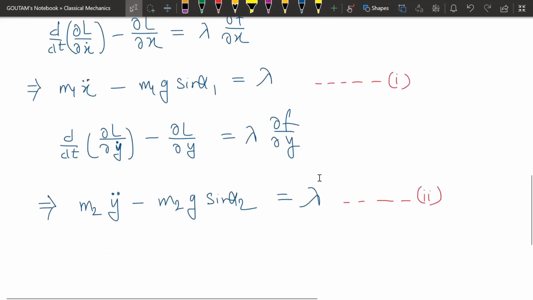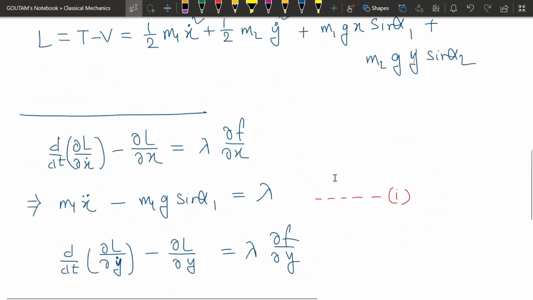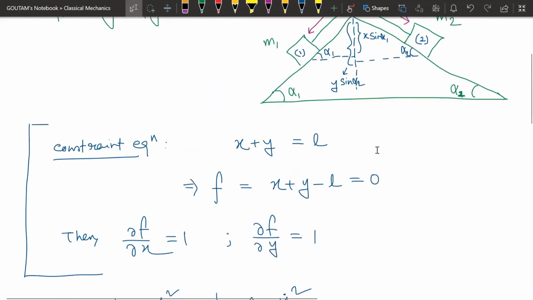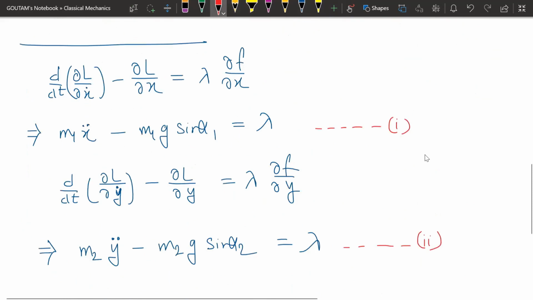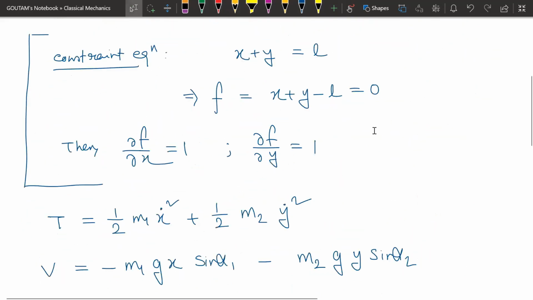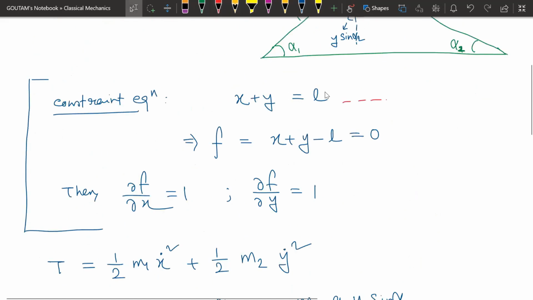Now if we use this equation of constraint, let's call it equation 2 and equation 3, because we have this constraint equation, which we are calling equation 1.